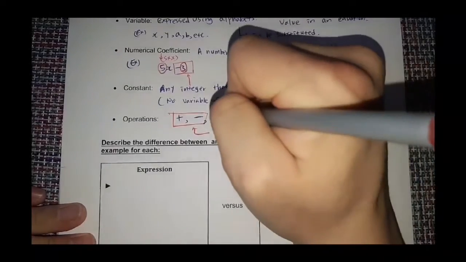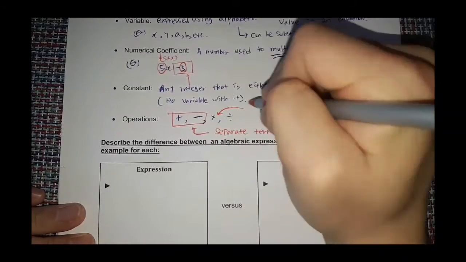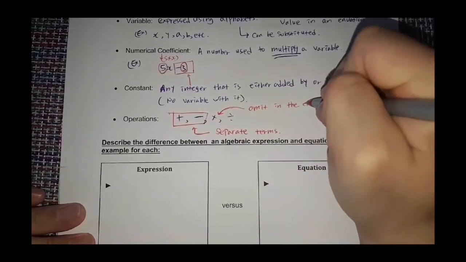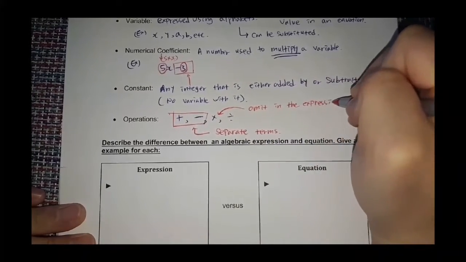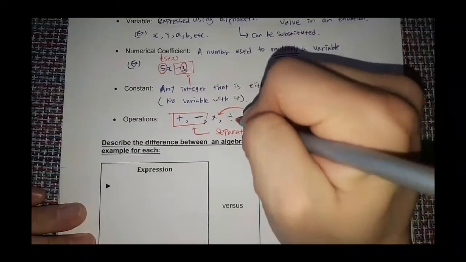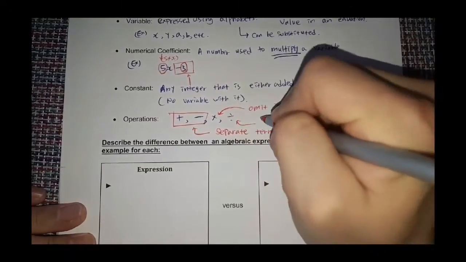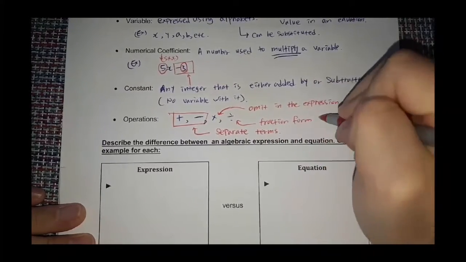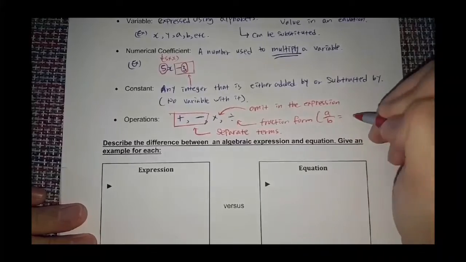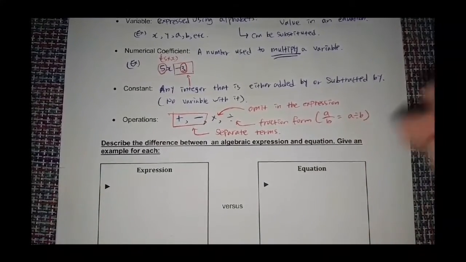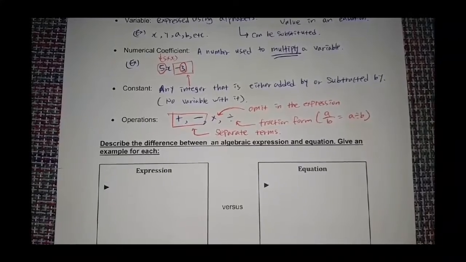Multiplication, we generally omit in the expression. Like 5x, we don't write 5 multiplied by x literally. Division is notated by fraction form. So if I have a over b, that's a fancy way of saying a divided by b. These are basic recalling.